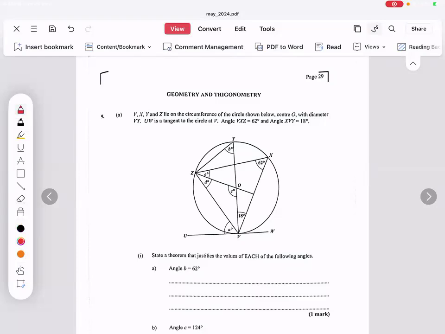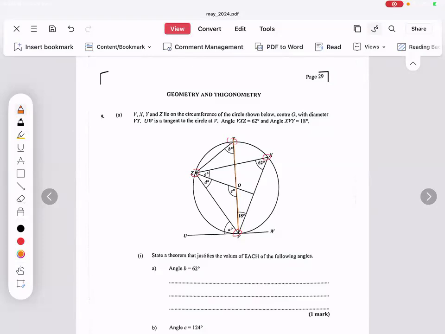So V, X, Y, and Z are points on the circumference of the circle shown below. Cool. Center O with diameter VY. So this is diameter VY here. That's diameter VY. No problem.